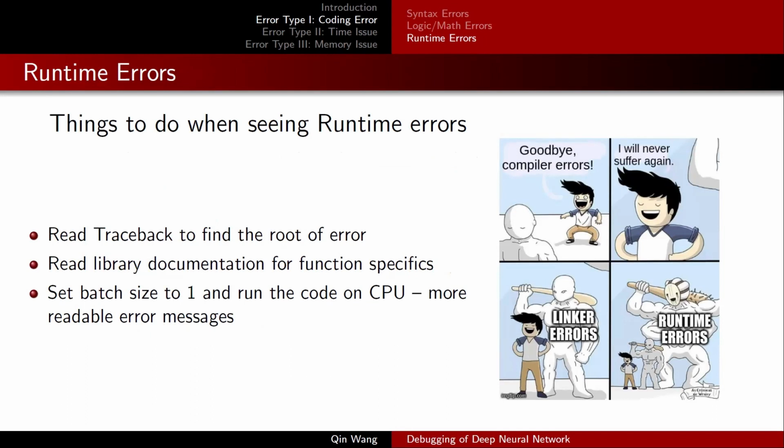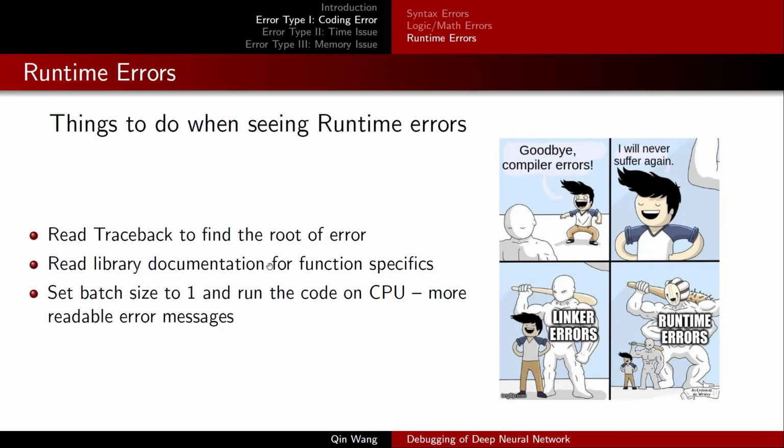For example, if you have a function that could potentially lead to a division by 0 error, but is not easily exposed unless the input is some specific values, then your code appears to run normally for a few loops until it stops randomly and throws you an error. So what you can try in this case is to read the traceback to find the root error and read the library documentation for function specifics.